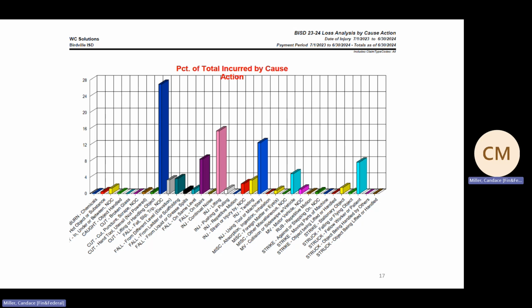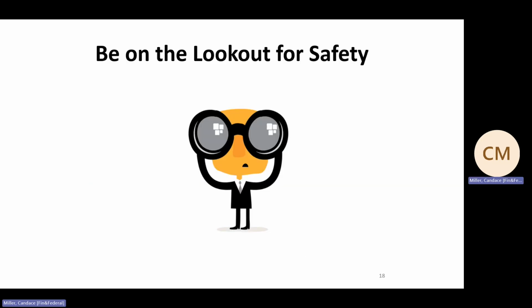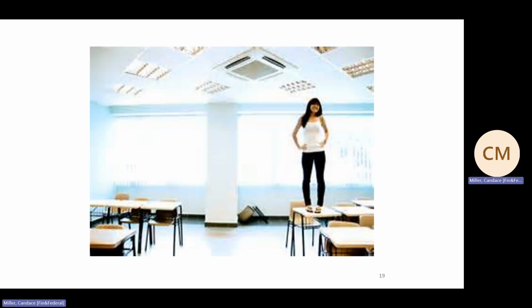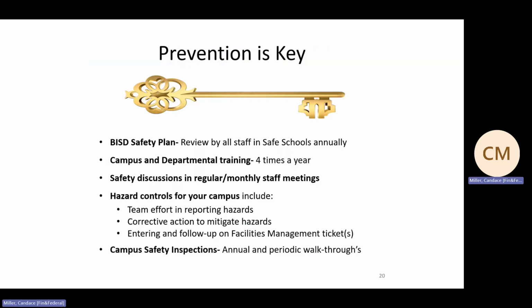As I said, the increase in prescription medical costs and anything associated with the injury, including physical therapy and special studies, which is MRIs, increase these medical costs for those injuries. Be on the lookout for safety. This is what we don't want to see. Remember that prevention is the key.